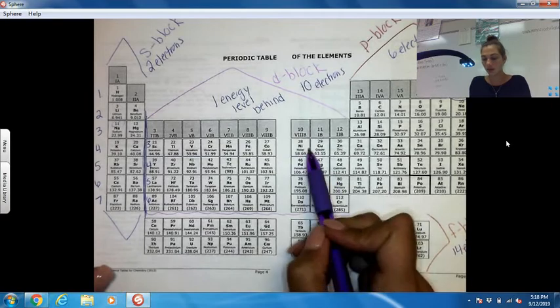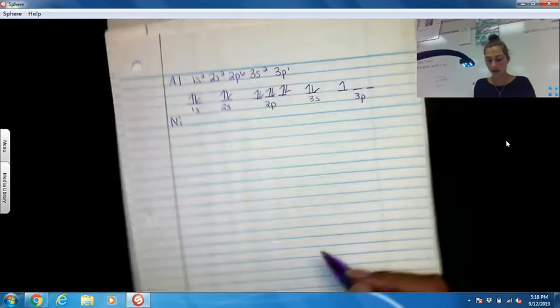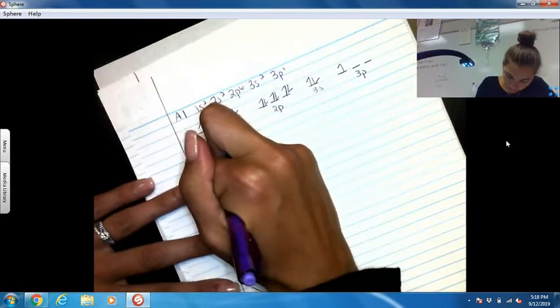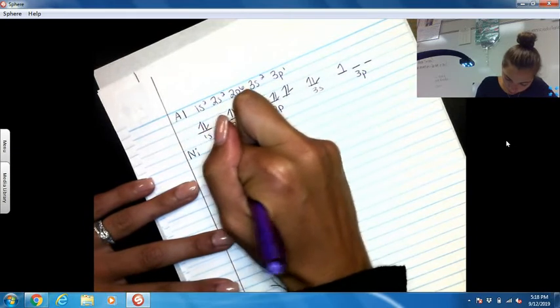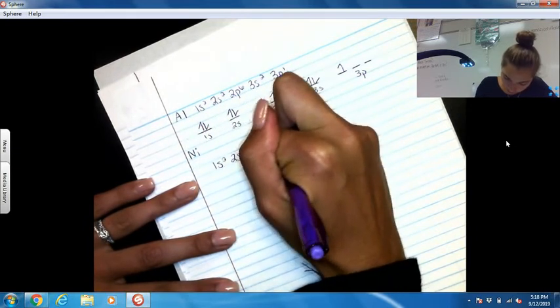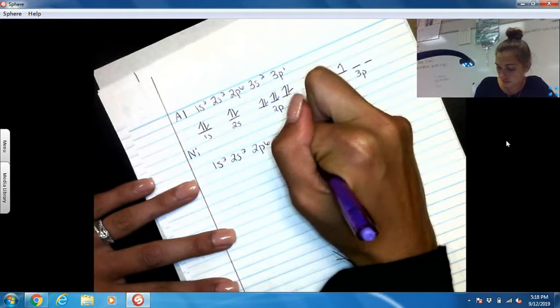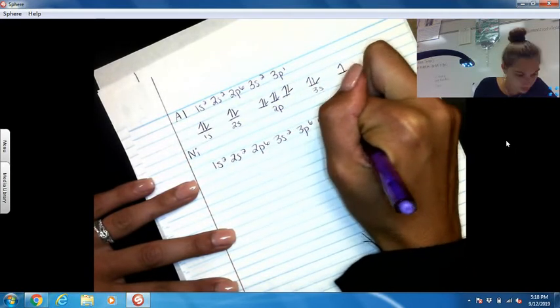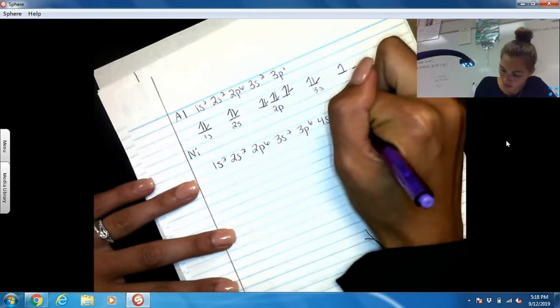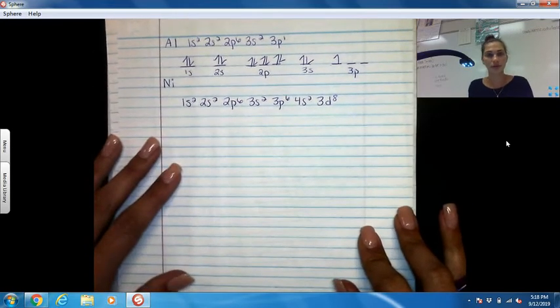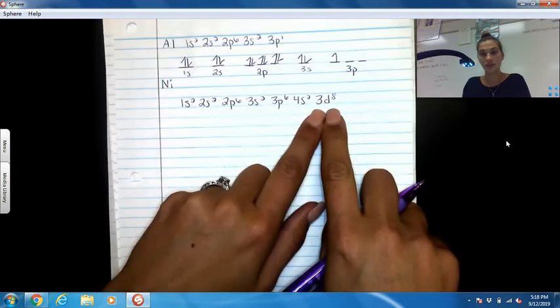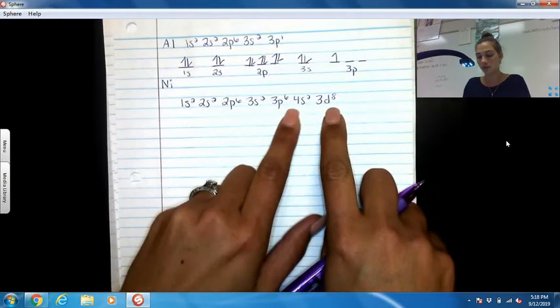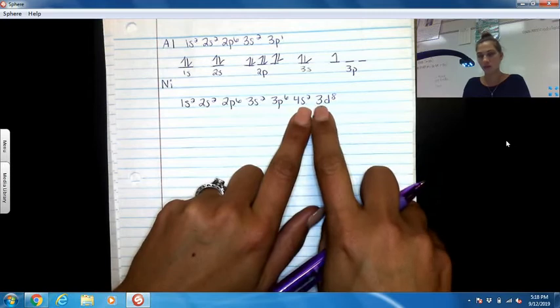So go ahead and write your electron configuration all the way to nickel. All right, make sure that's the electron configuration you got. Remember that your D block is 1 behind, so if you have 4s, 3d is next.